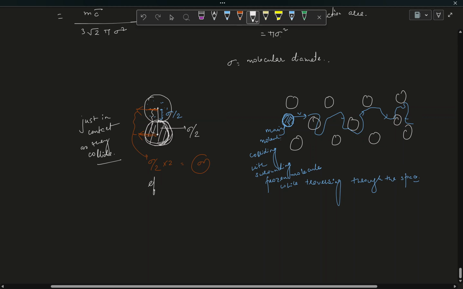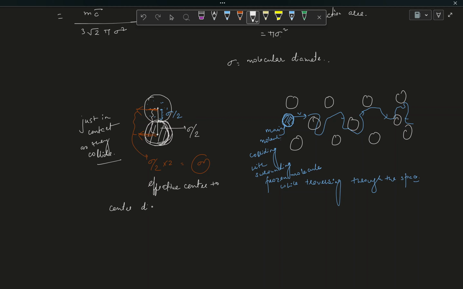So the center to center distance between the two molecules which are colliding with each other is sigma. This is the effective center to center distance between two colliding molecules.